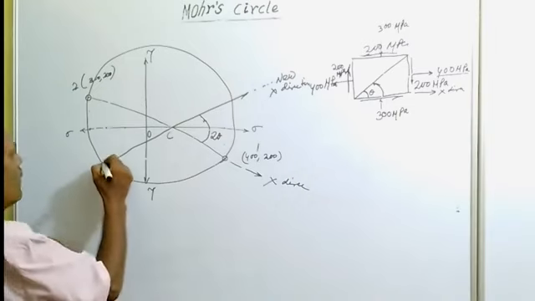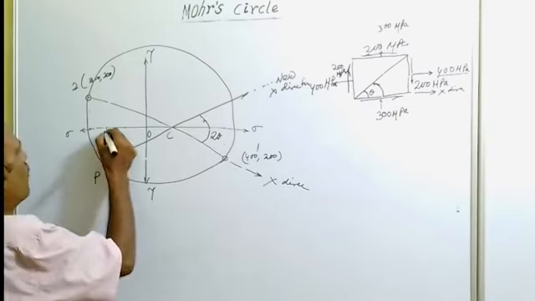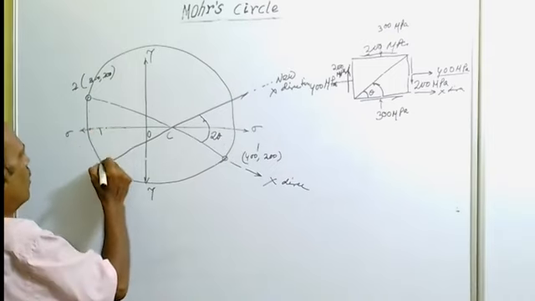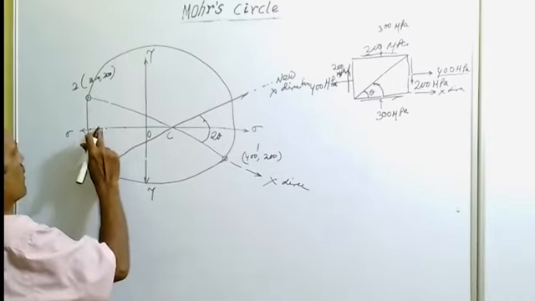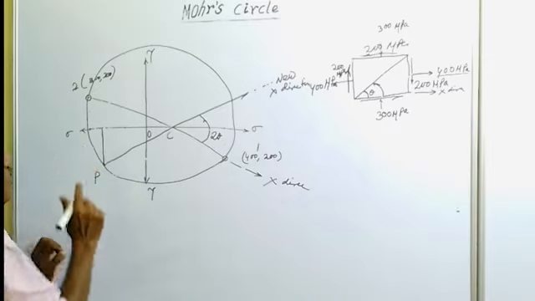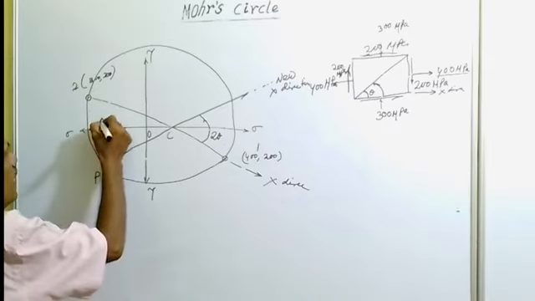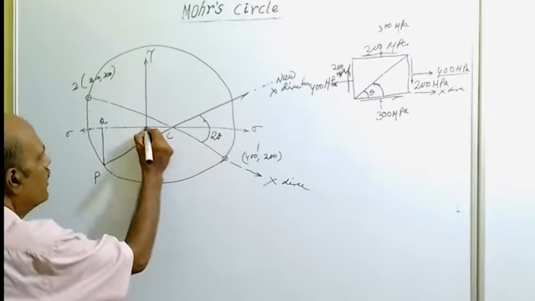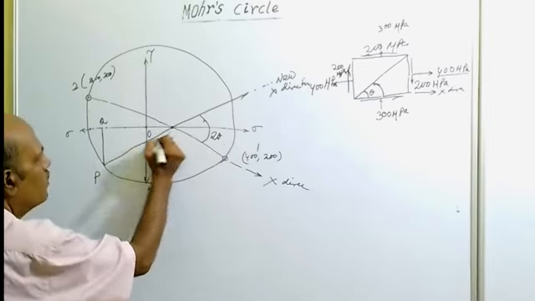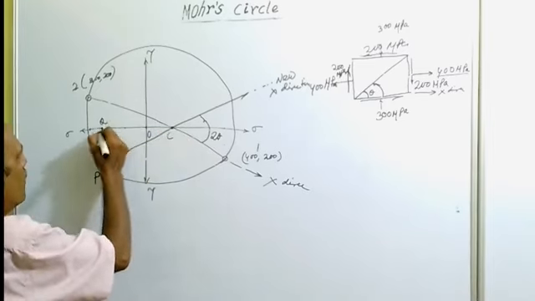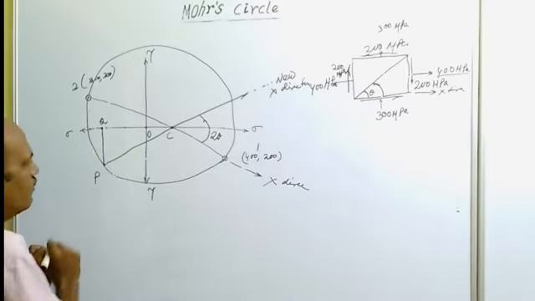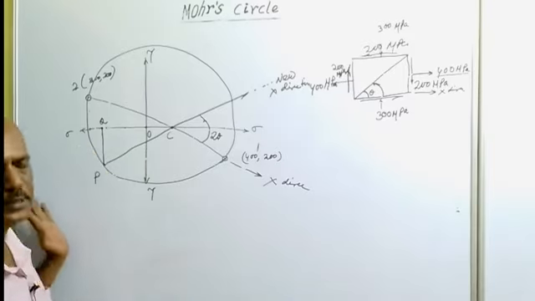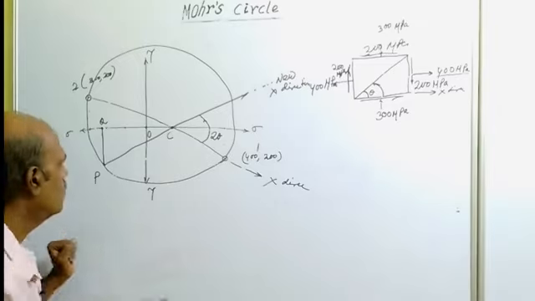Now drop a perpendicular from this point to sigma axis, and mark this point as Q. So this one is your origin. This is the center of Mohr circle, and this point Q we have got, and this is the P point. So measure the distance and give the answer.